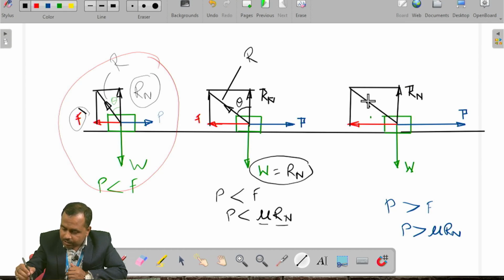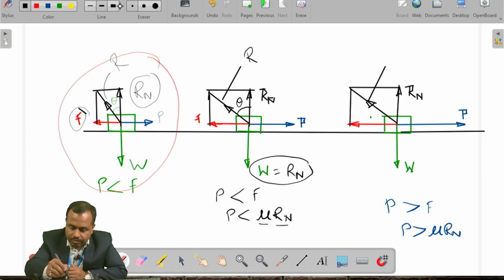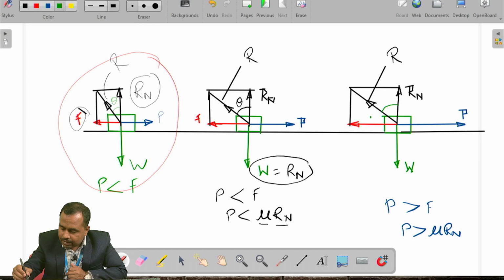So this is the resultant force R, and this is the angle made by the resultant force.